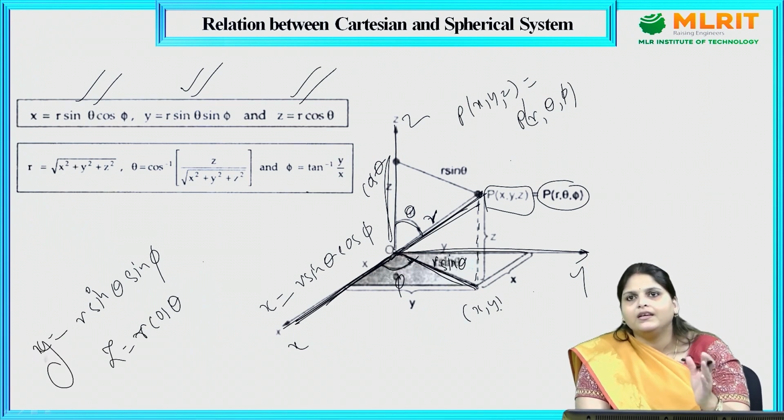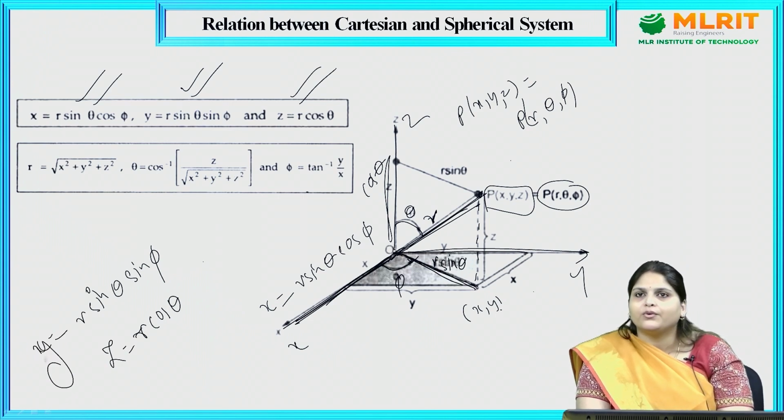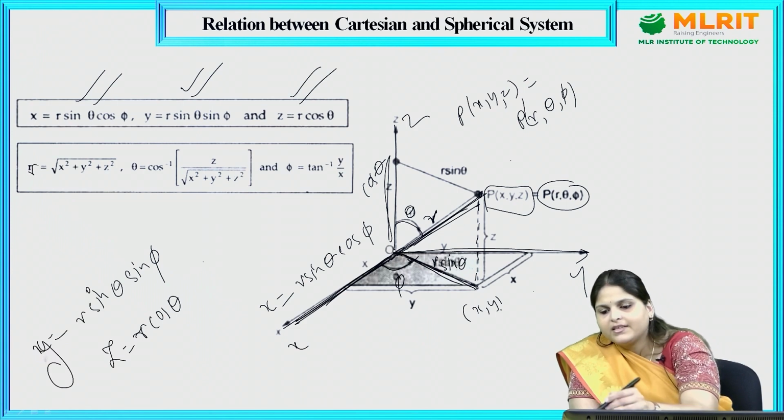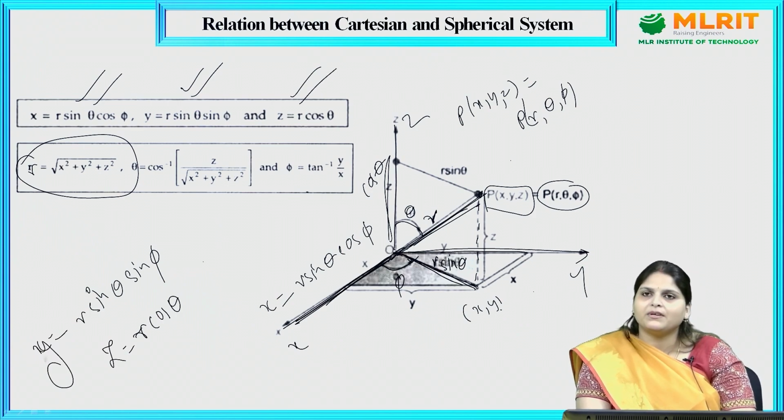Similarly, we can convert Cartesian coordinates into spherical coordinates. Simply, r would be the resultant of x, y and z. So r equals the square root of x squared plus y squared plus z squared.